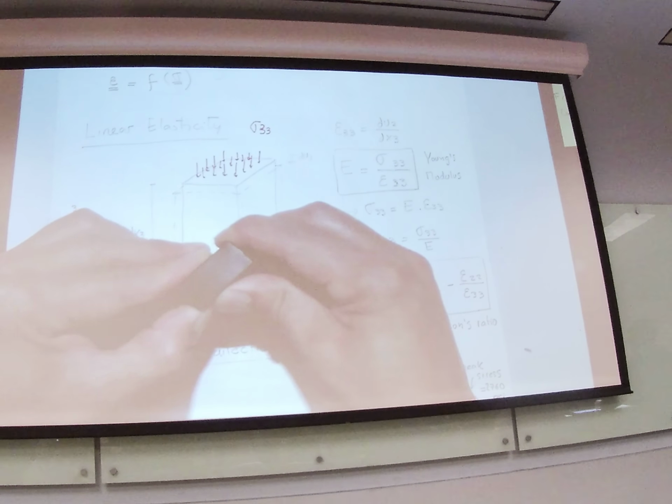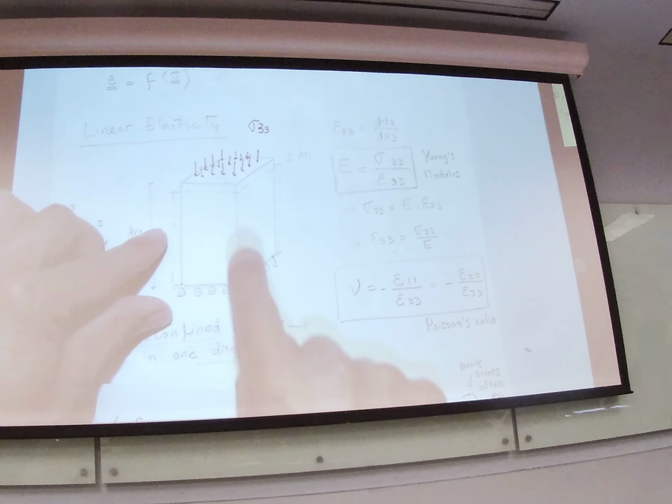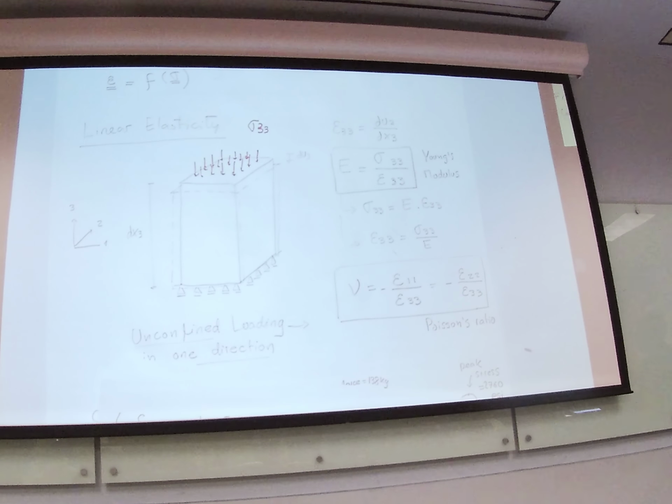In order to have this deformation, you need to have a shear stress, and if you don't have a shear stress, you cannot distort the angles. You're just going to produce a volumetric strain. It has to be in the same direction. And that's something which is called decoupling between shear and normal strains.